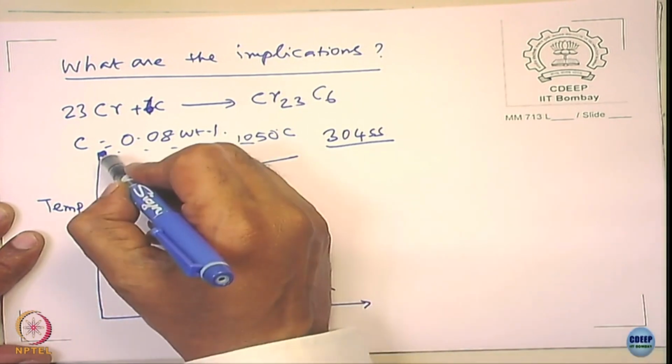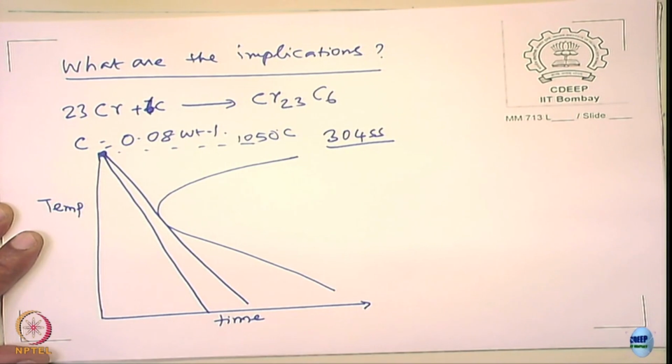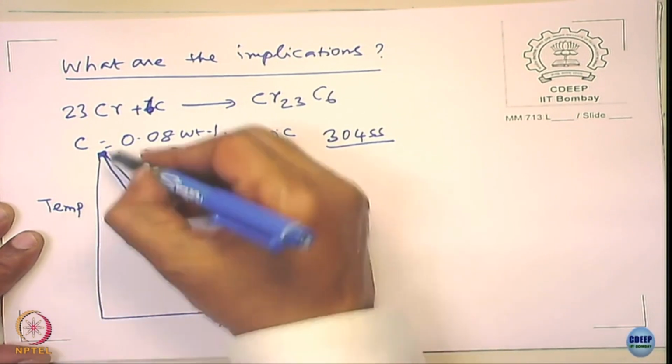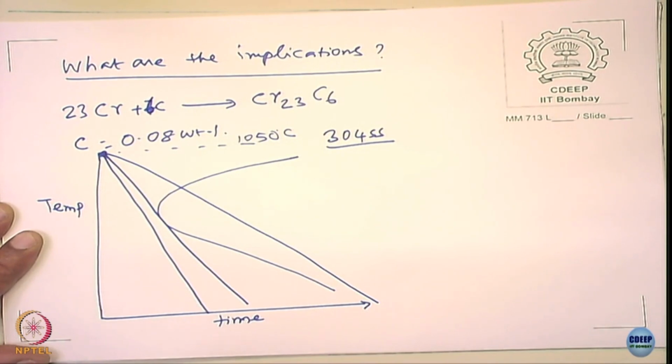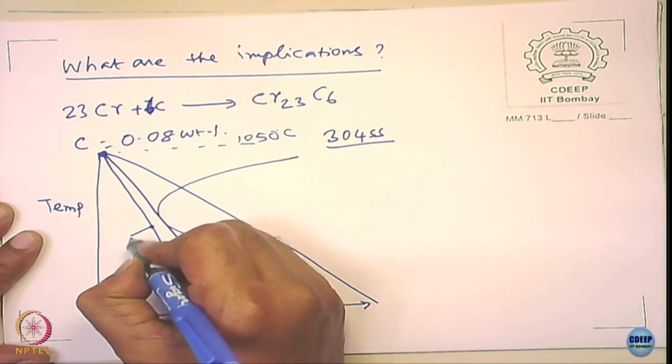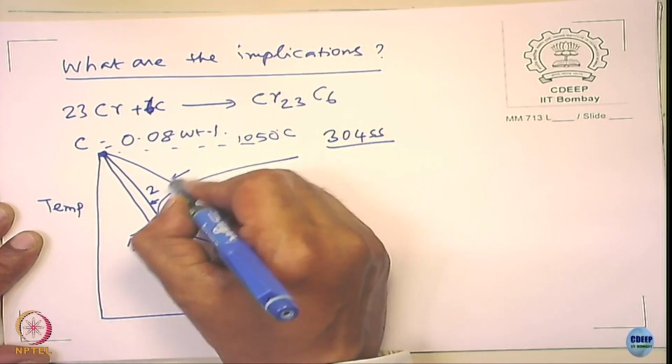In fact, I should quench it faster than this. We quench it a little slower, let us say cooling rate 1, cooling rate 2 and cooling rate 3.